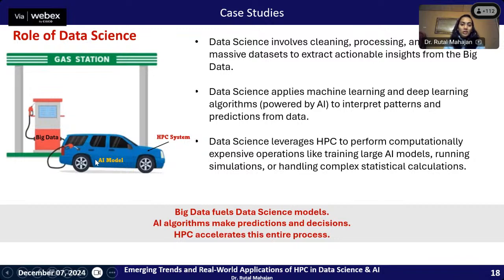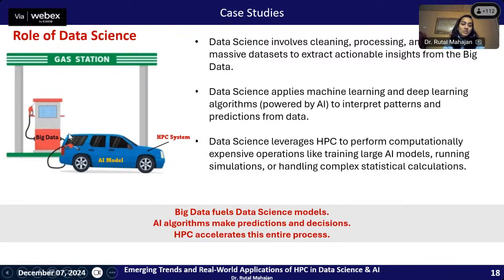It involves cleaning, processing, and analyzing massive data sets to extract actionable insights from the big data. It applies machine learning and deep learning algorithms, powered by AI, to interpret patterns from that big data and give interesting predictions.